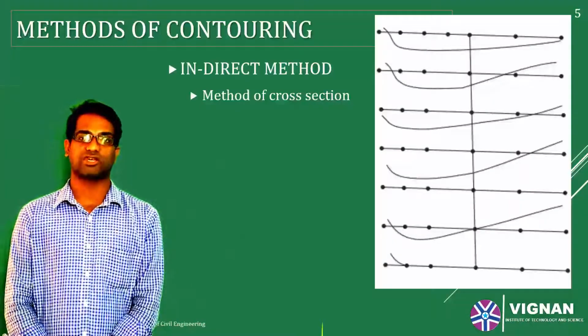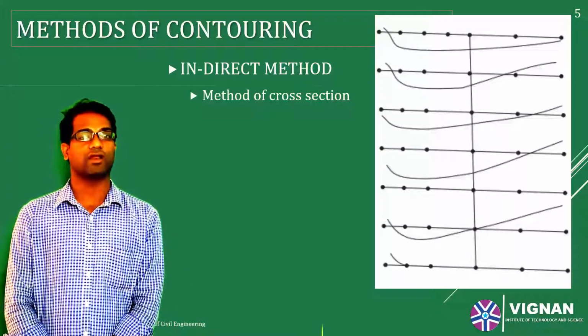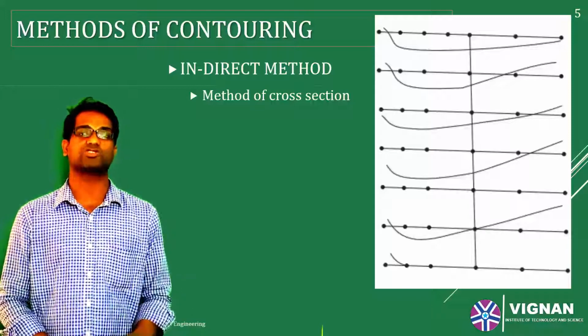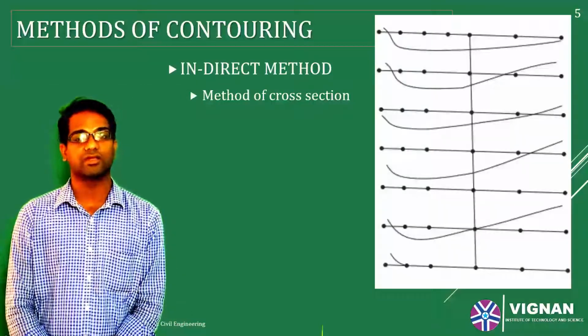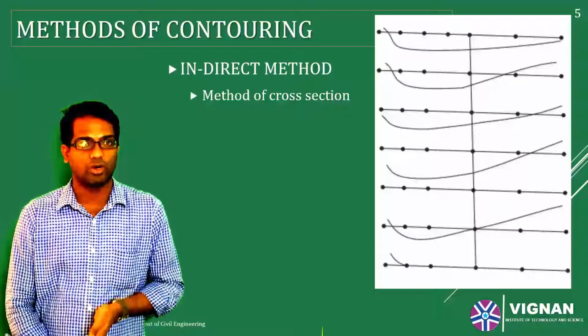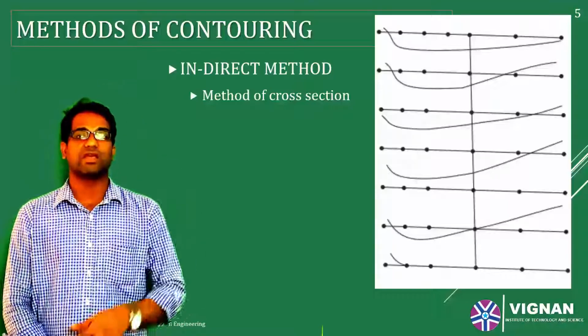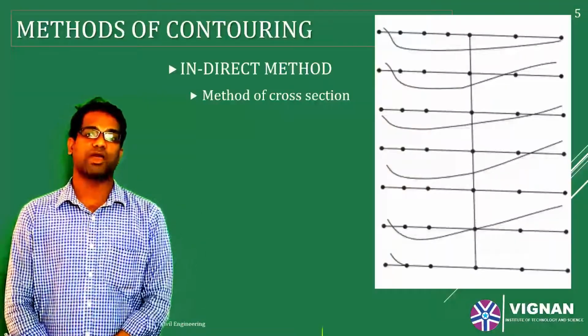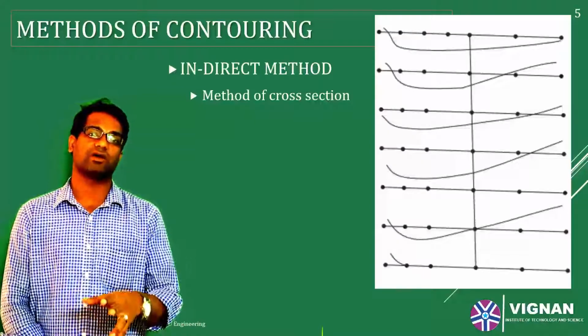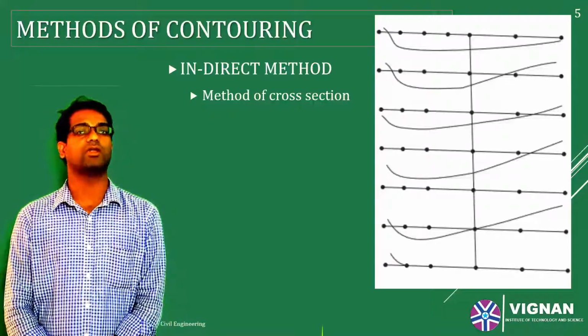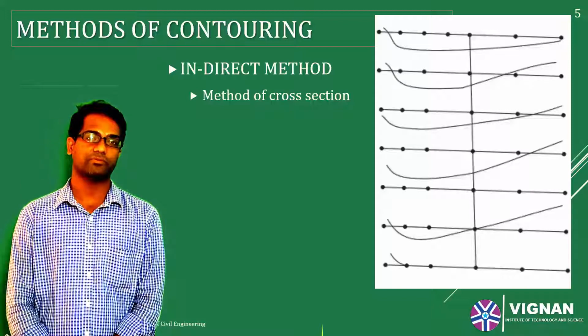In the method of cross section, we will not go for grid locations where a horizontal and vertical line meet. In this case, we'll take only the cross section, which means any plot has at least more than 2 dimensions.